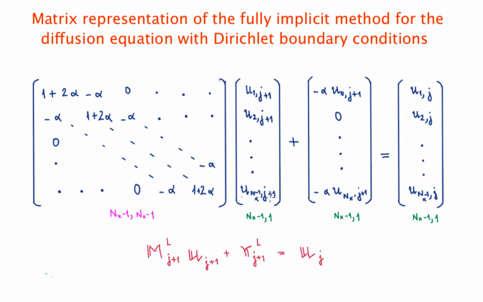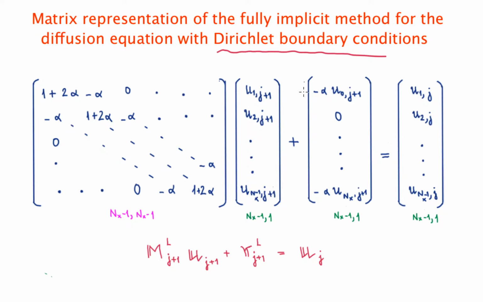That will be the matrix representation for the fully implicit method with the Dirichlet boundary conditions. This is the square matrix, which is multiplying the unknown components of the u function evaluated at time j plus 1.